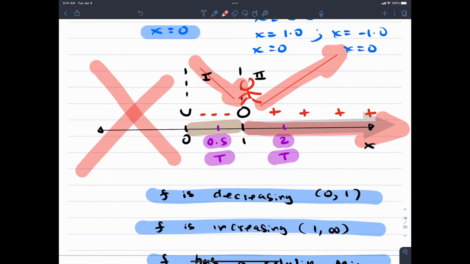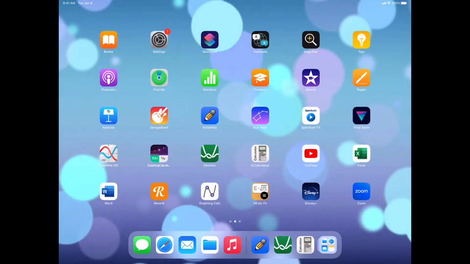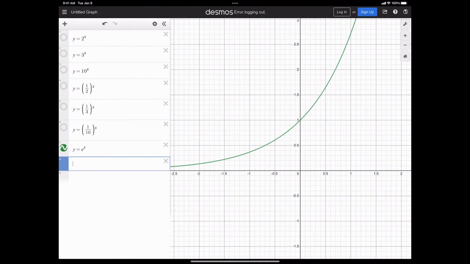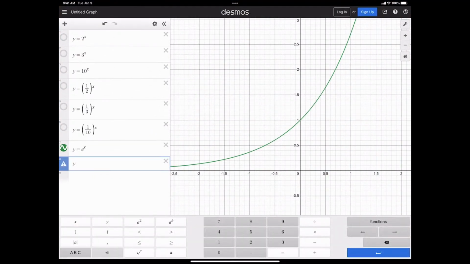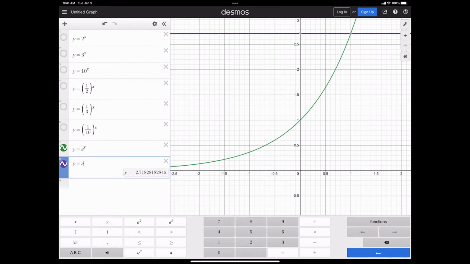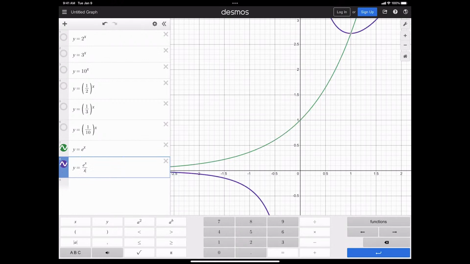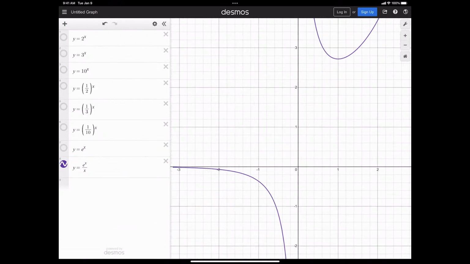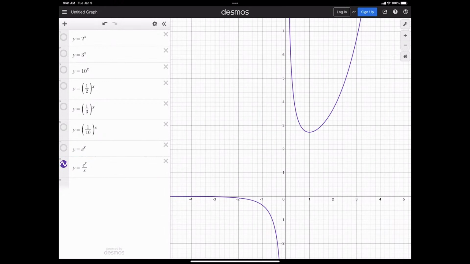Now, if you said, I don't really believe you, well, let's go to Desmos. And remember, y here equals e to the x divided by x. Now remember, we had a restricted domain.